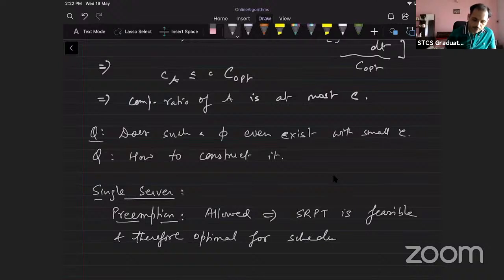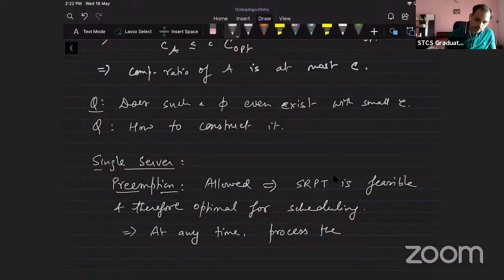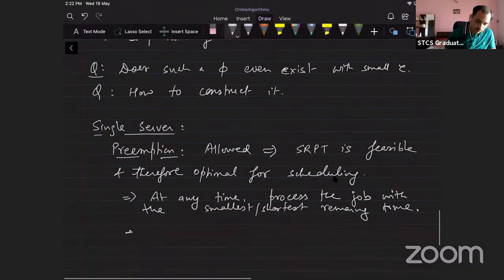We still don't know at what speed to run. So now what do we know? At any time t, process the job with the smallest or the shortest remaining time or remaining work. So that we know. What we know is at what speed.